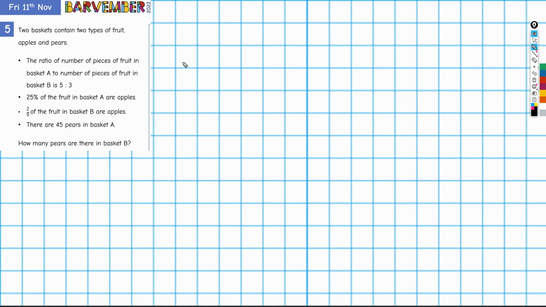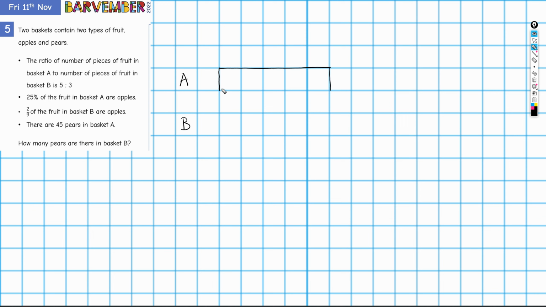Okay, so I'm going to draw a bar for each of the two baskets because I am given a ratio here. So here is A, here is B, and we're doing A to B, the ratio is 5 to 3. Okay, so 1, 2, 3, 4, 5.